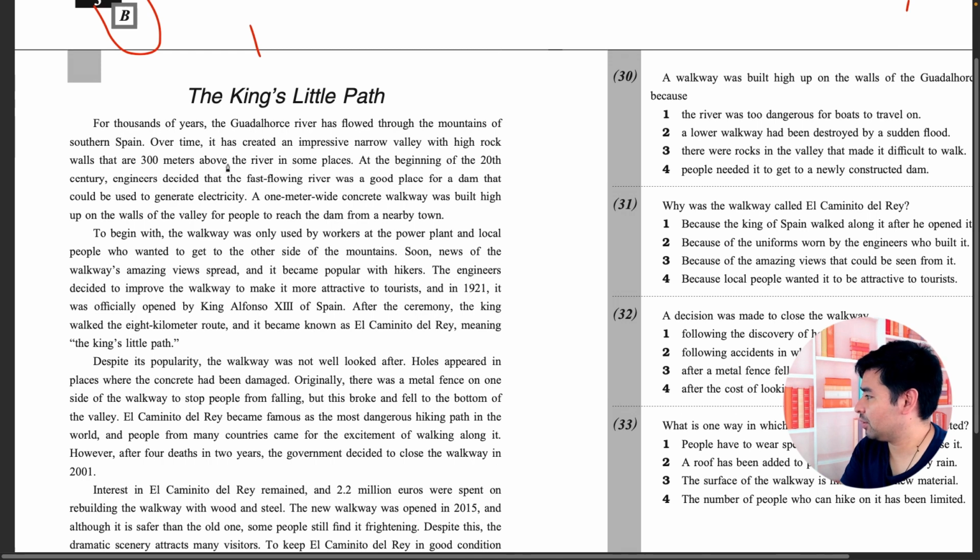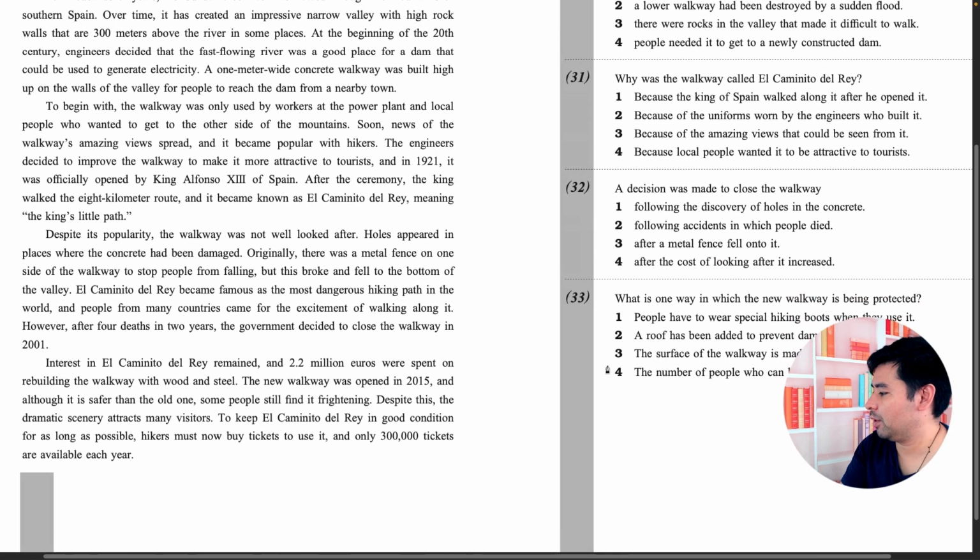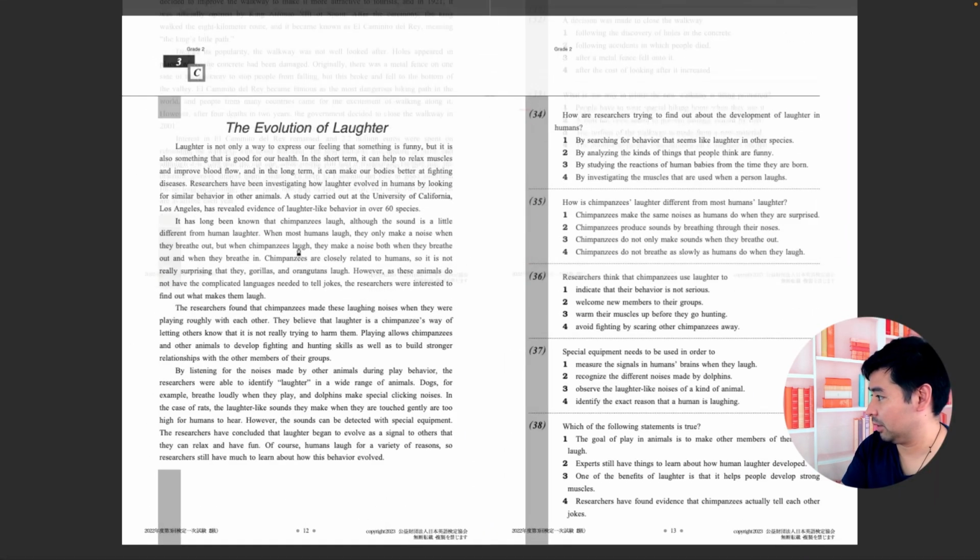Over time, it has created an impressive narrow valley with high rock walls that are 300 meters above the river in some places. Yeah, and then there is no secret here. So you just go over and then you answer questions from 30 to 33. And then let's go to the next part.